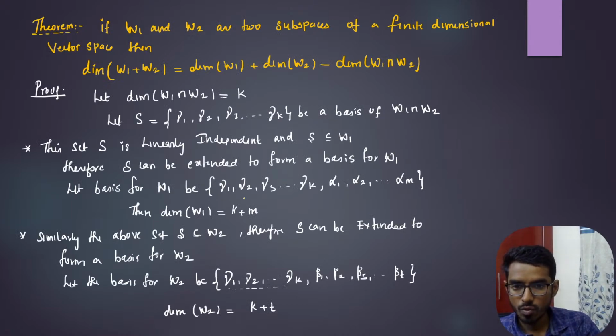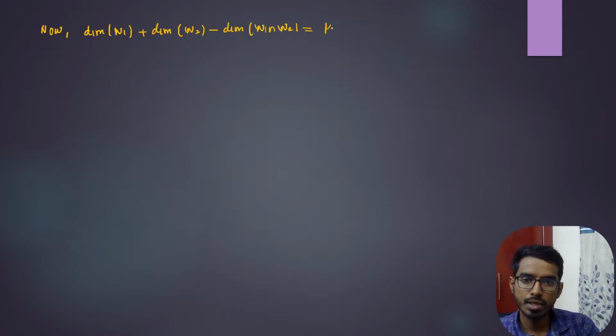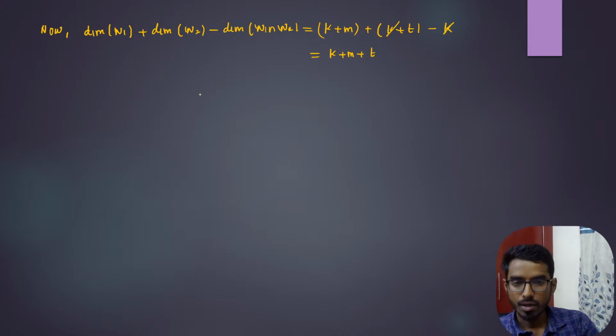Already we have k elements and then m, so this will be k plus m, plus the dimension of W2, which is k plus t, minus the dimension of W1 intersection W2, which by assumption is k. So this will be k plus m plus t, right?